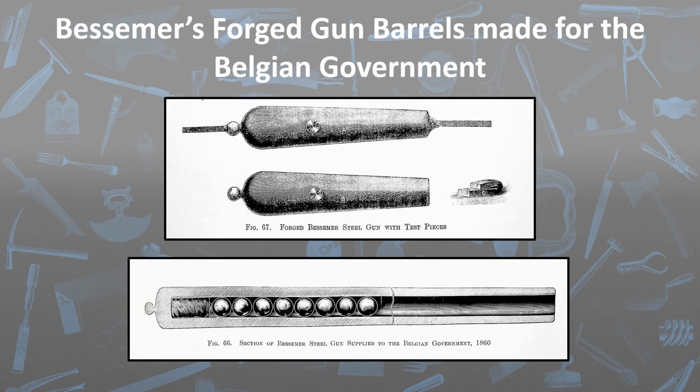Not to be disheartened, Bessemer continued to make forged steel gun barrels, but they were made for other countries and not Great Britain. For example, the Belgian government ordered a number of barrels from Bessemer.